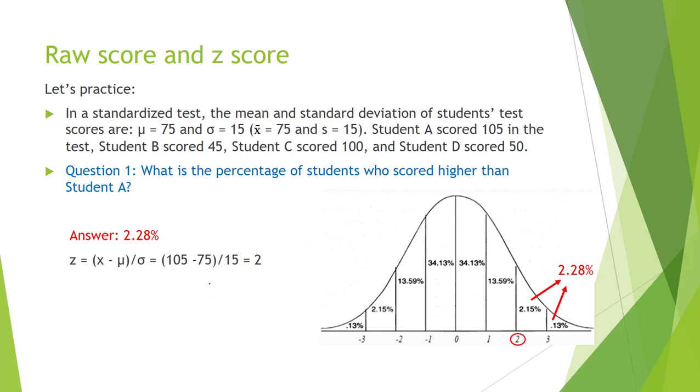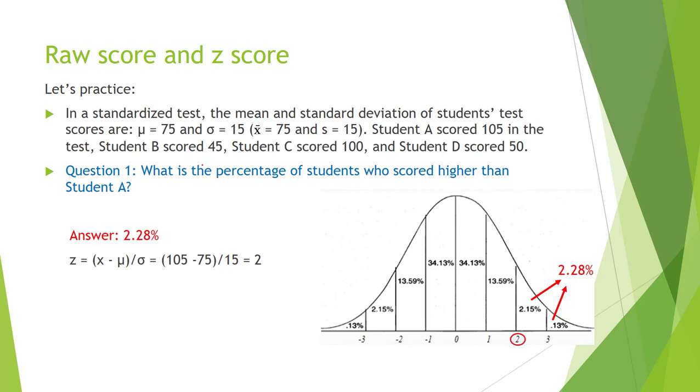I plug in the raw score 105, I plug in the mean 75, divided by 15, which is the standard deviation. I got 2. So that means student A has a test score 2 standard deviations above the mean, and you will be able to see it right here.